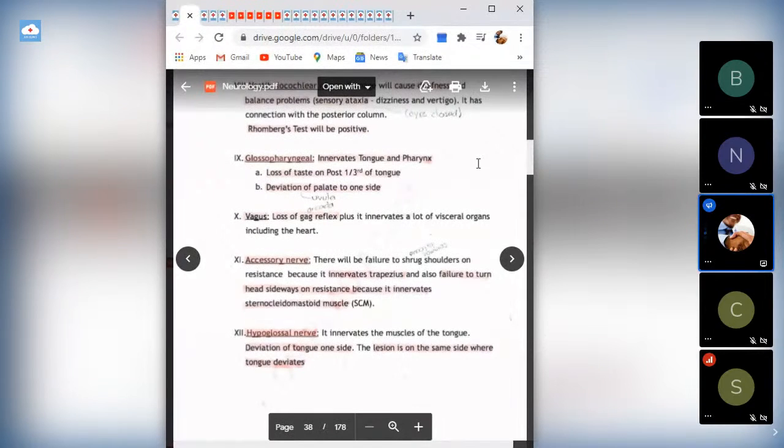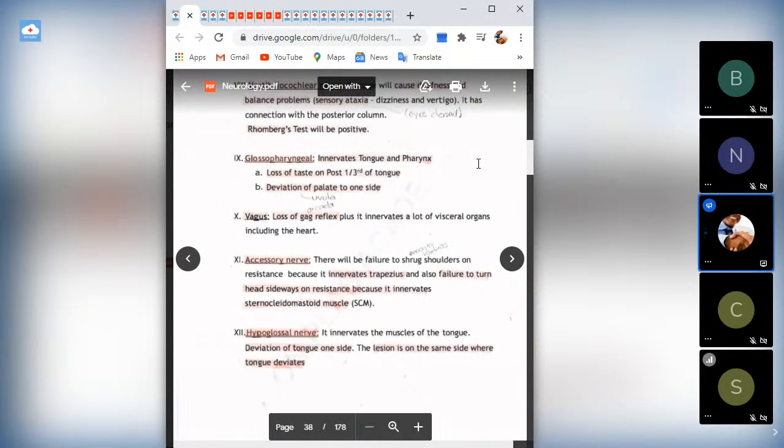All right, so there will also be supply to the pharynx. So you now use the uvula, the division of the palate and all that, to note glossopharyngeal nerve damage. That's the one that supplies the uvula.